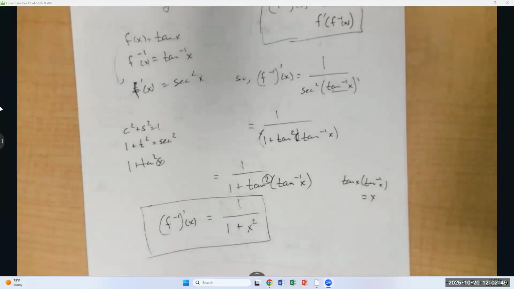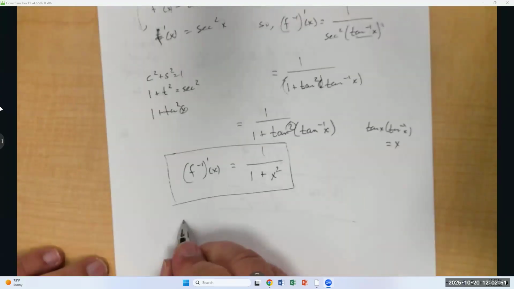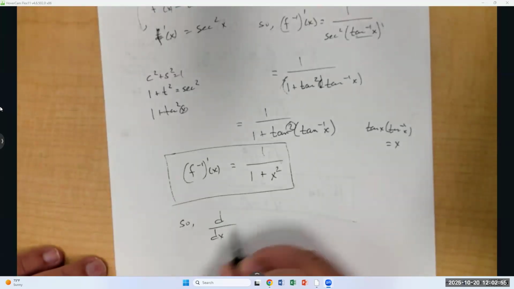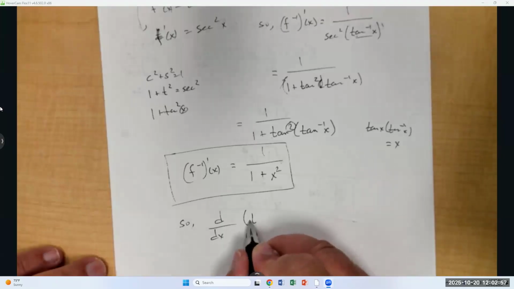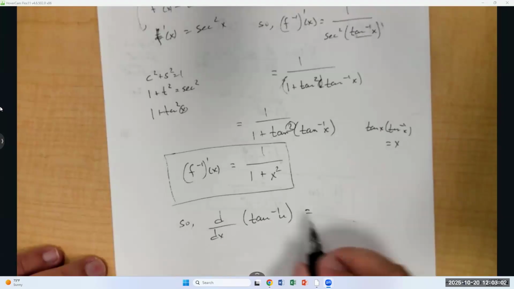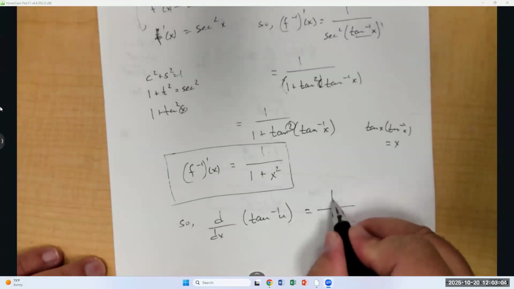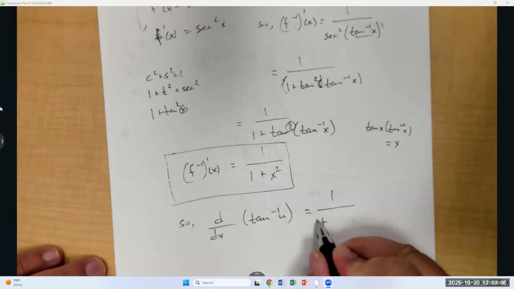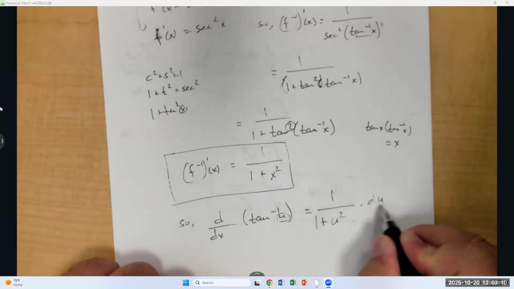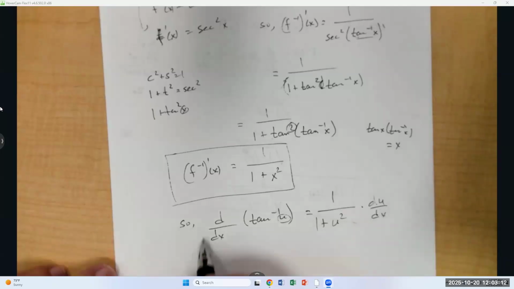This is of the tangent function. So the derivative of our inverse tangent is equal to this: 1 over 1 plus u squared times du dx. That's our formula.